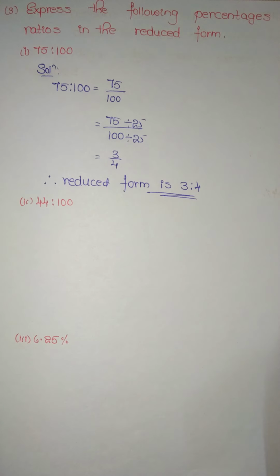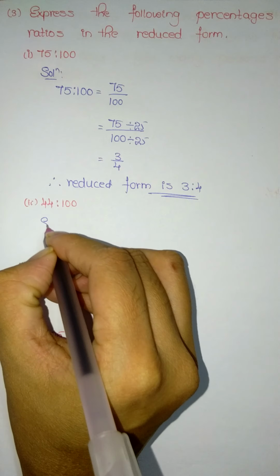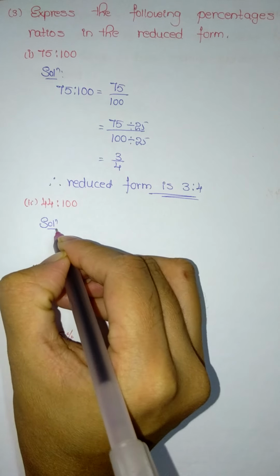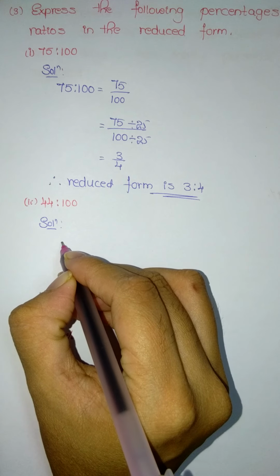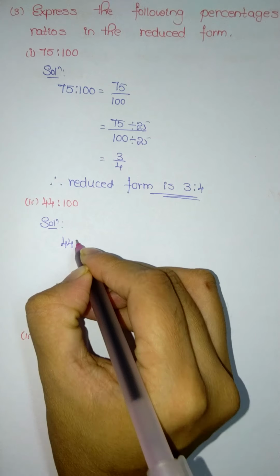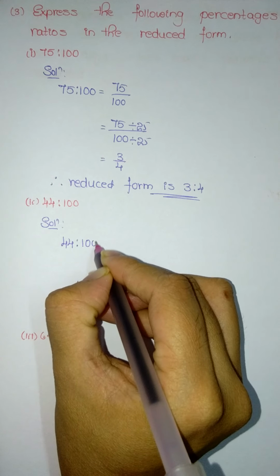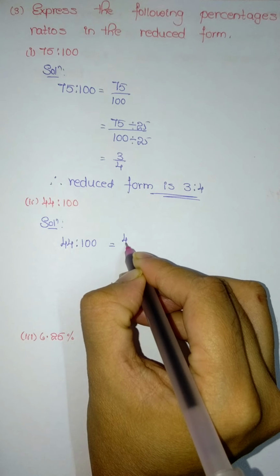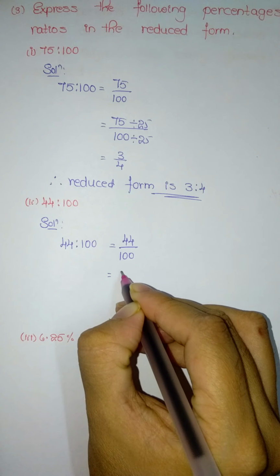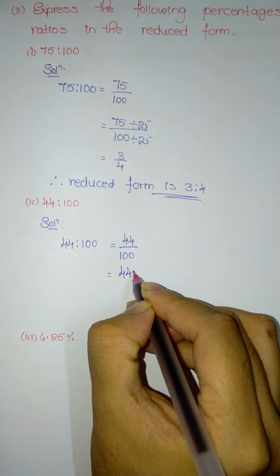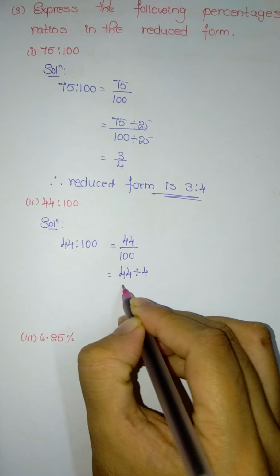Next move on to the question number 4, that is 44 raised to 100. Here 44 and 100 दोनों हम लोग 4 से डिवाइड कर सकते हैं. So 44 raised to 100, we can write it as 44 by 100. So here both the numbers we can divide by 4.